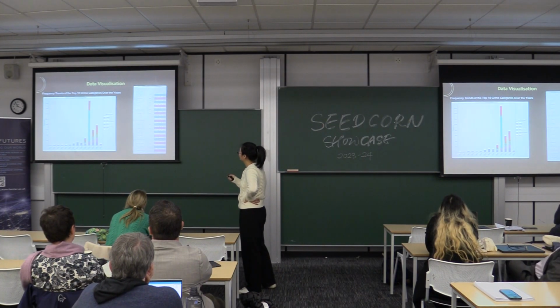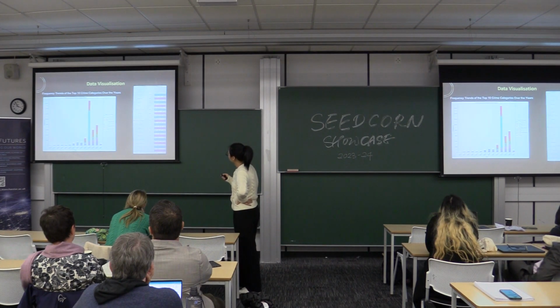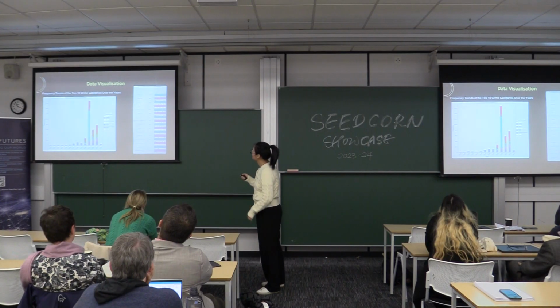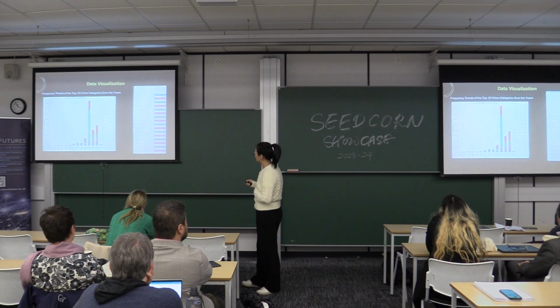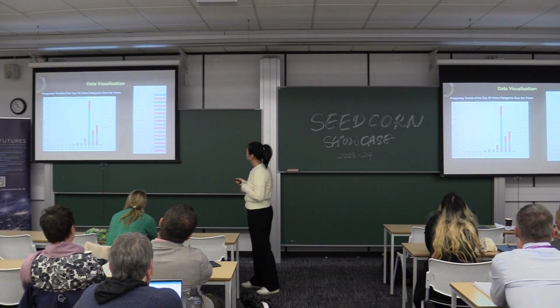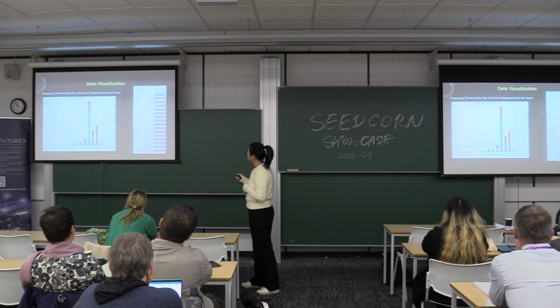And on the right-hand side, it shows the crime categories with total counts and yearly trends. This gives you the clear frequencies for different types of crimes, and also shows you how they evolve over time.